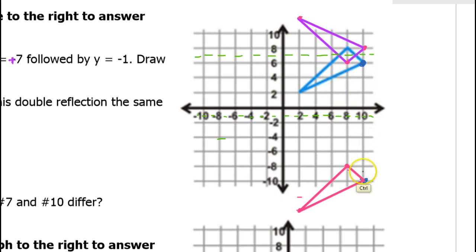If I move straight down, counting squares, that would be 1, 2, 3, 4, 5, 6, 7, 8. 8 squares. Now this distance of 8 squares is really 16 units because they're counting by twos. So if I move down 16 units, that should do it.